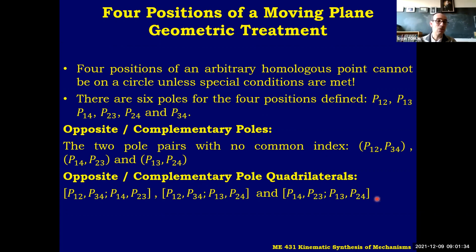And actually, you can use any one of those, okay? So is this clear, the complementary or opposite pole quadrilaterals? You have 3 opposite or complementary pole pairs. You pick any 2 of those and form a quadrilateral.